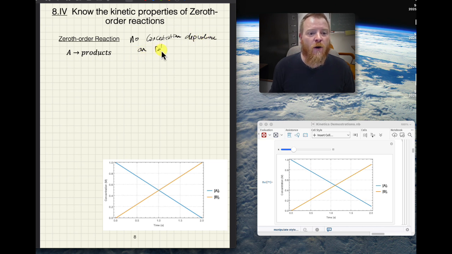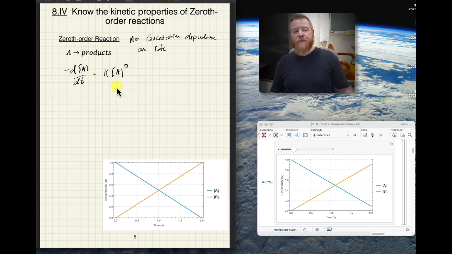So in other words, if I go to start setting up the rate law for this thing, I could start by saying negative dA by dt, putting together the rate with the stoichiometric coefficient, equals k times A to the 0th power, which means that's going to drop out and the rate will just equal the rate constant.